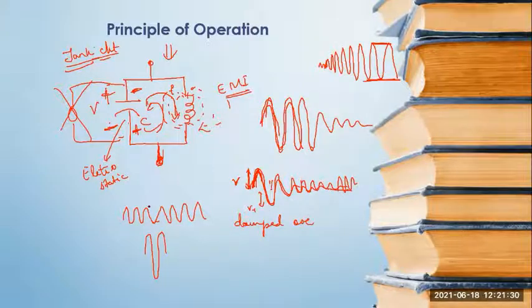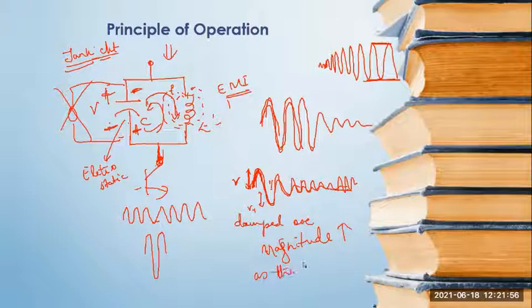So if you start giving the voltage or current every now and then, finally the amplitude, since you have the amplifier circuit here and everything, the damped oscillations will pass through the amplifier and it will start increasing. So the magnitude of the oscillations will start increasing as the signal passes through the amplifier multiple times.